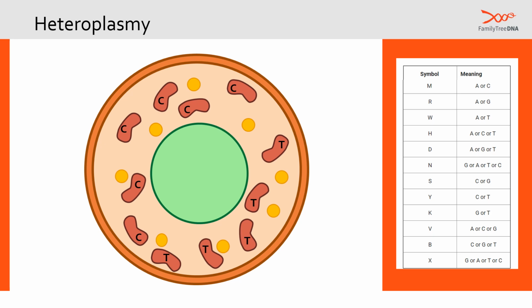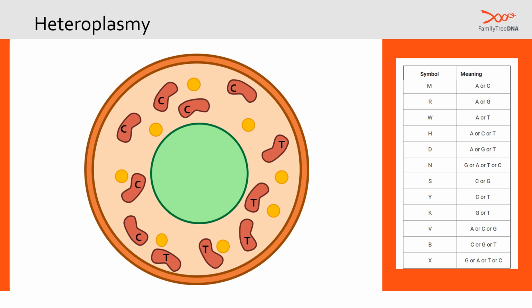So instead of reporting it as C or T, we report it with a special character that represents that it could be one or the other. So in this example, because we saw Y represented on that one marker, that Y means that it actually is either C or T. And the chart on the right here explains what the different symbols that you might see are.